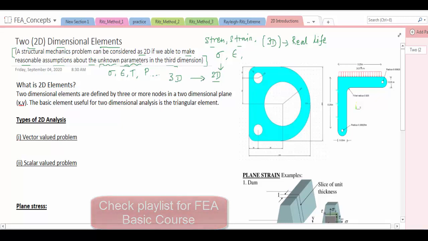Then what is meant by a 2D element? Two-dimensional elements are defined by 3 or more nodes in a two-dimensional xy plane. The basic element useful for two-dimensional analysis is the triangular element.